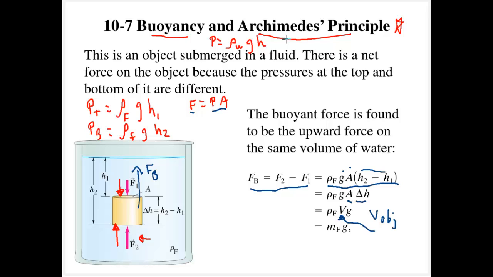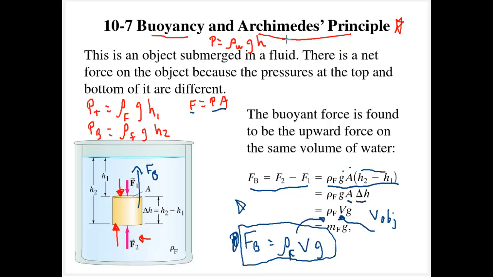If it's partially submerged, it's just going to be the volume that's submerged. And this is going to be the density of the fluid, not the density of the object. So we can write the buoyant force, FB, as the density of the fluid multiplied by the volume of the object multiplied by gravity. Very, very key equation to have written down and have some familiarity with.